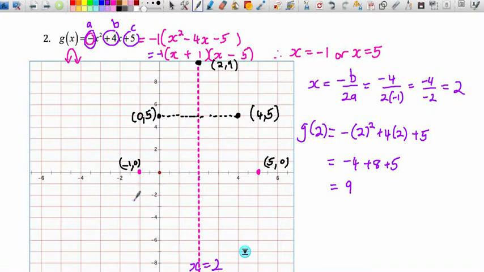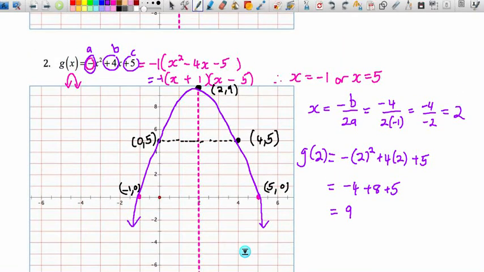I can go ahead and draw a sketch of my parabola. And so again, do not use a ruler. Make sure that you are just drawing as well as possible a nice smooth curve that passes through the points. Not the best one I've ever drawn. Arrows on the end to indicate that it continues forever, and that should be, or hopefully is, what your graph looks like.